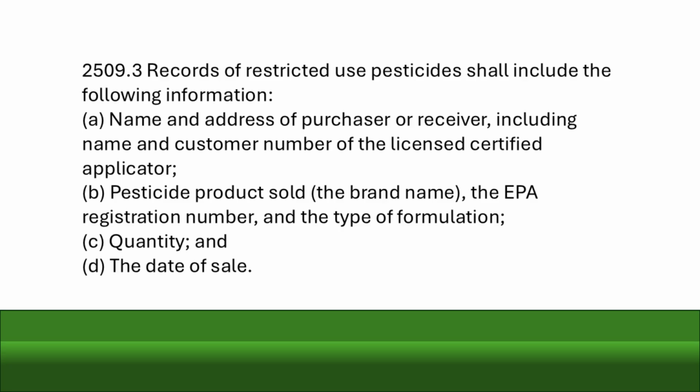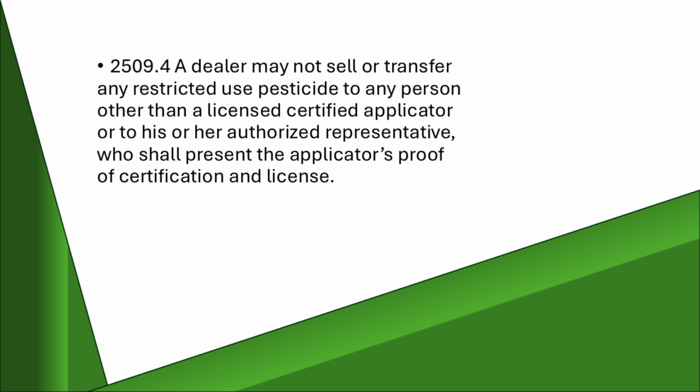B. Pesticide product sold, the brand name, the EPA registration number, and the type of formulation. C. Quantity, and D. The date of sale. 2509.4. A dealer may not sell or transfer any restricted use pesticide to any person other than a licensed certified applicator or to his or her authorized representative who shall present the applicator's proof of certification and license.